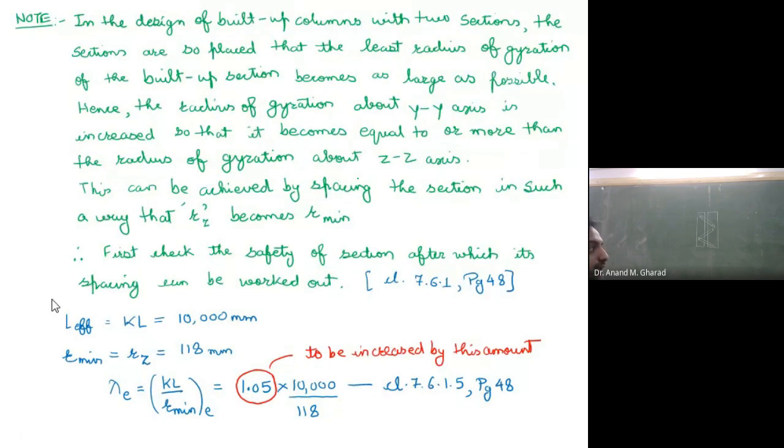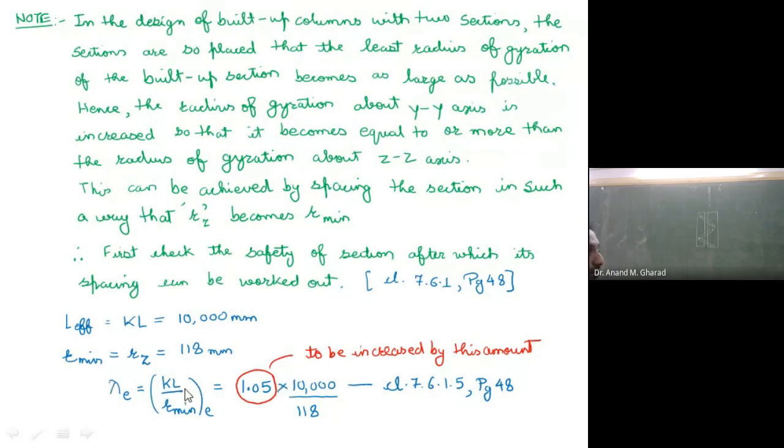That came out to be 10,000 mm. Now, ultimately what we are supposed to find out is the slenderness ratio. From that we will identify the FCD value and check whether the load carrying capacity is okay or not. That is what is our aim is. So we will be evaluating this lambda E value, effective slenderness ratio.